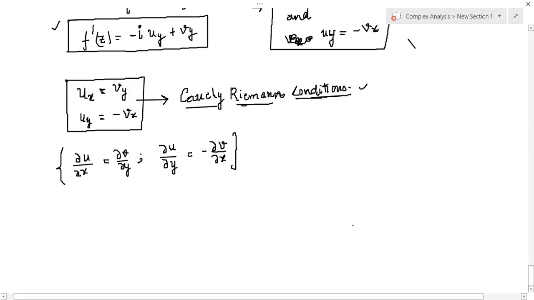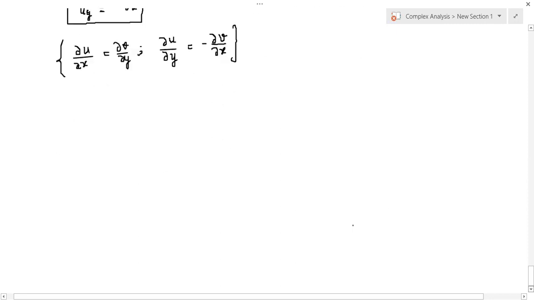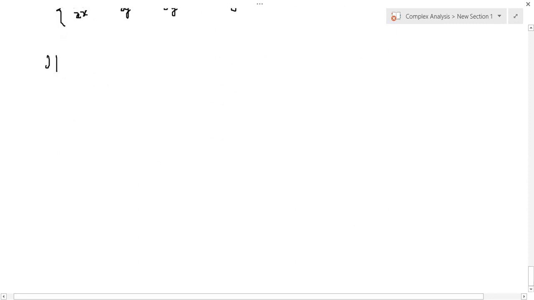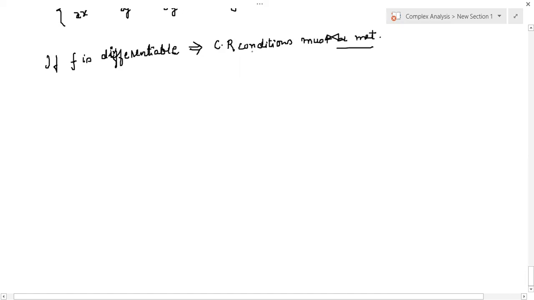So what we have mentioned was that if f is differentiable, it implies that the Cauchy Riemann conditions must be met. It implies that if the Cauchy Riemann conditions are violated at a point, then the function is not differentiable at that point.